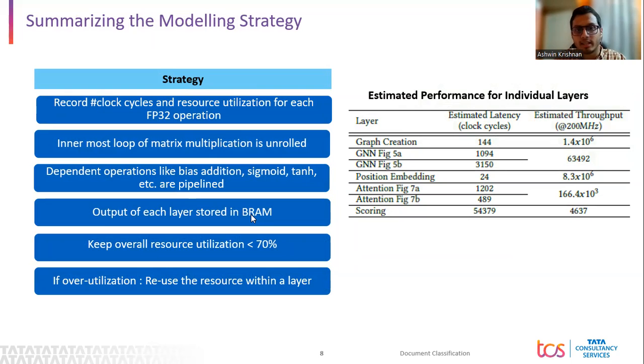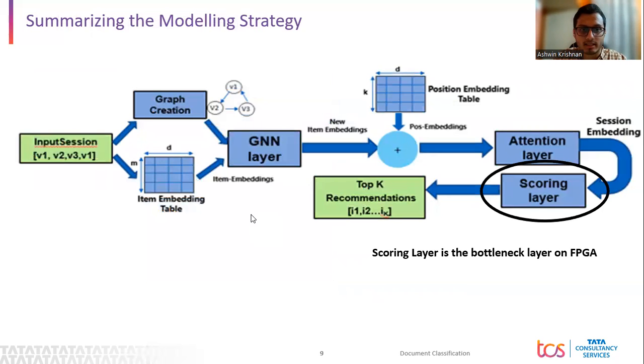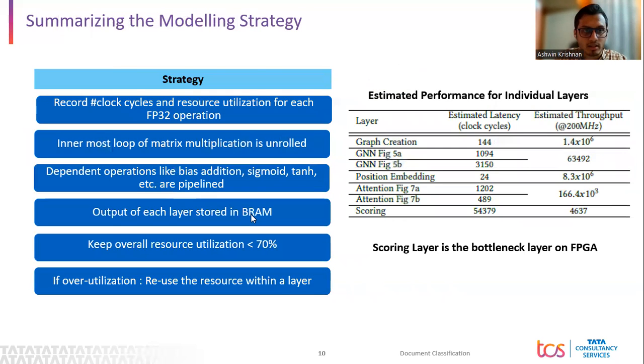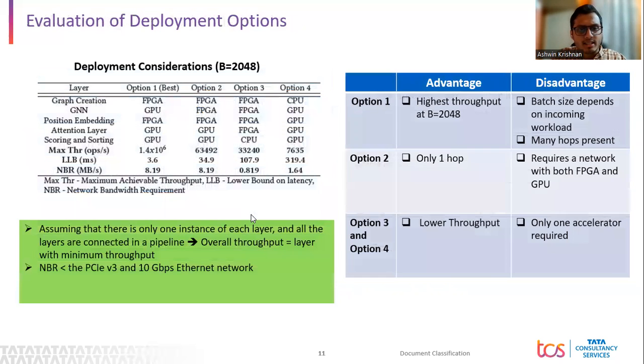Following this strategy, we estimated the performance of individual layers of an SBR on an FPGA, and we found that the scoring layer, which is a part of the session-based recommendation model, is the bottleneck on the FPGA. Now, analyzing the various results on CPU, GPU, and FPGA, we see that different layers perform differently on different kinds of hardware.